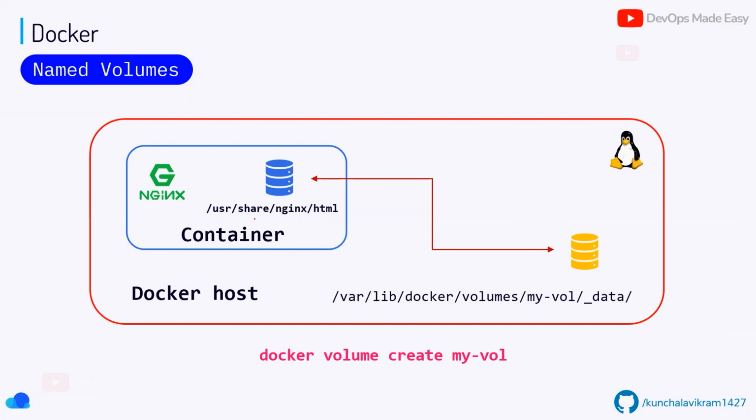Or let's assume nginx is storing the logs under /var/log/nginx. Got it? So I want these logs to be stored or backed up. So what should I do? I have to take the backup, right, of that particular volume inside the container. Right, guys?